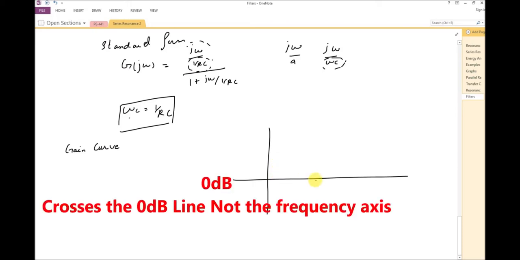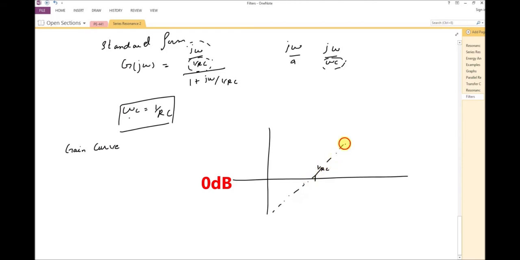So it is actually passing through the frequency axis at 1 by RC. So this is a zero at origin; for the zero at origin, it will be this line, and the slope of this line is 20 dB per decade, and this represents j omega over 1 by RC.